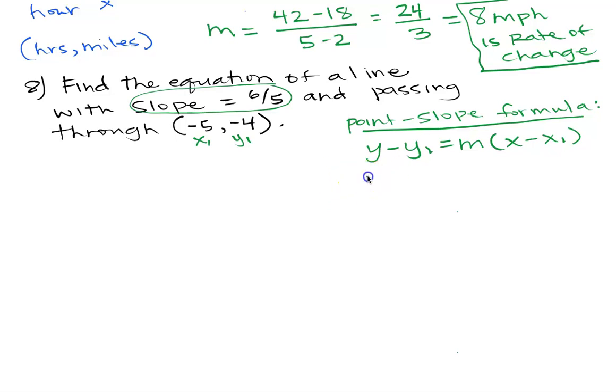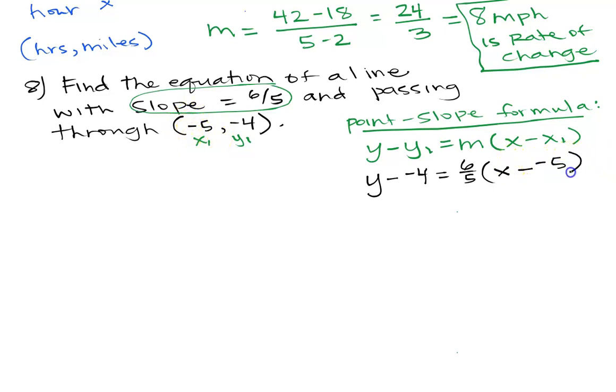So I have y minus y1, which is -4. So be really careful with this. We're doing y minus a -4 equals m. And what is my m? My m is 6/5. Let's put that in. Times, so parentheses, x minus a -5.